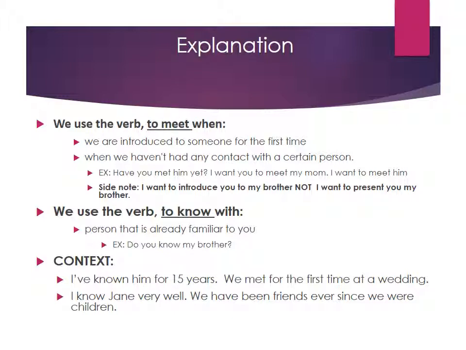We use the verb to know with a person that is already familiar to you. Okay? "Do you know my brother?" "No, I don't know him." Also, guys, we don't use the verb to know when we're talking about places, okay? We do not say, "Do you know Miami?" In Spanish, you can use the verb conocer un lugar, but in English, we don't use that.